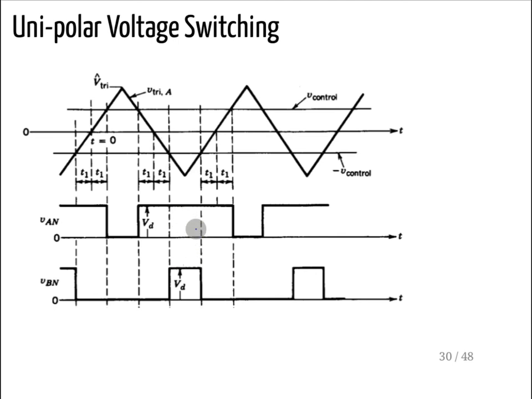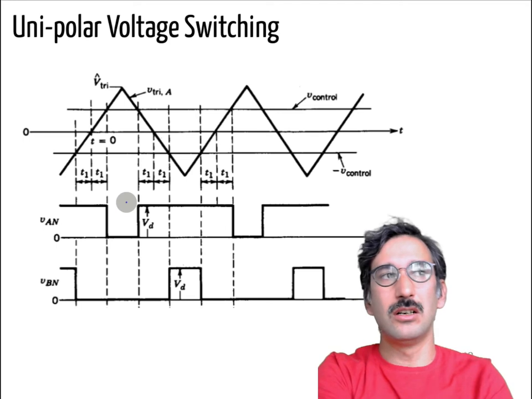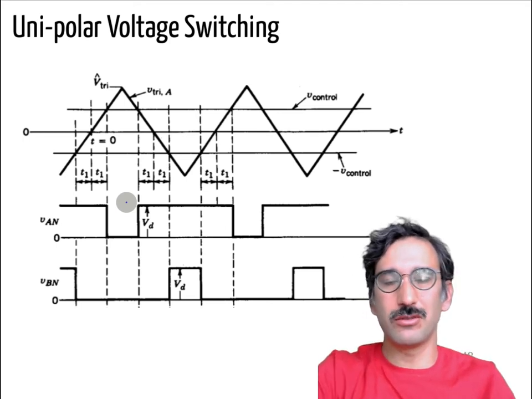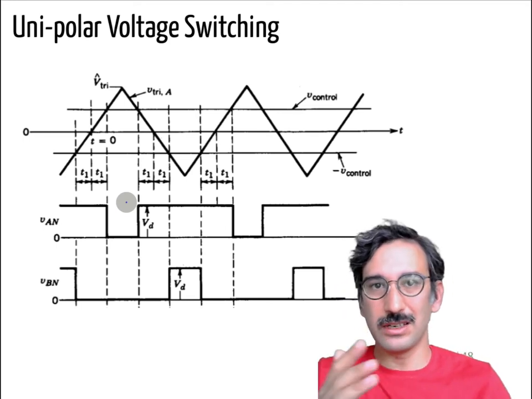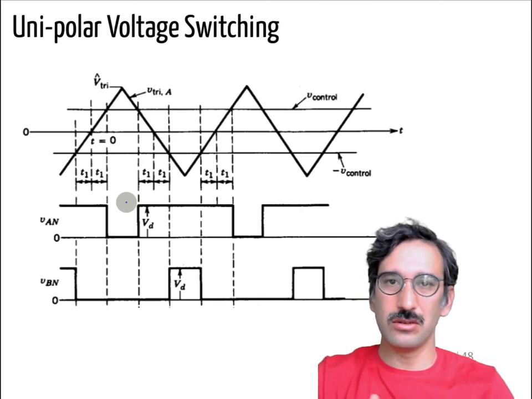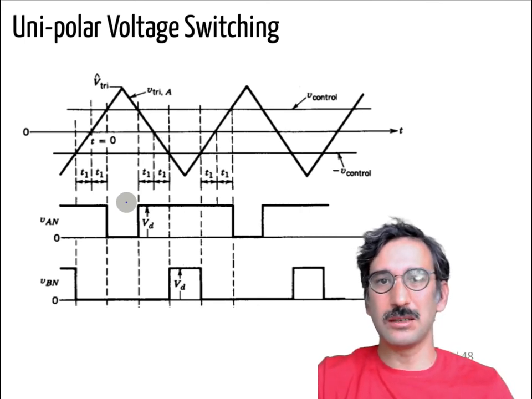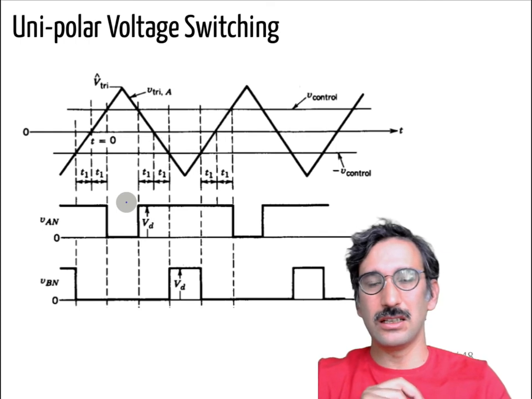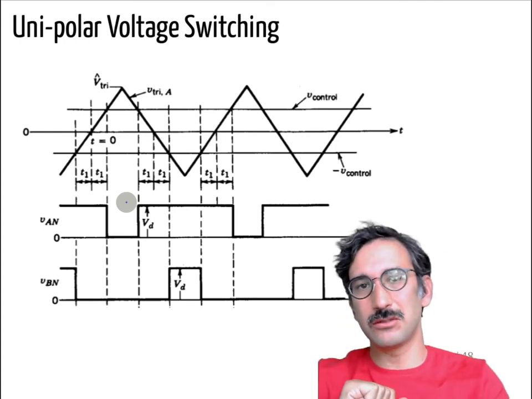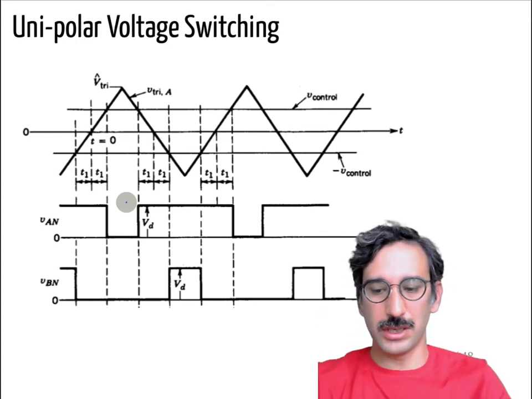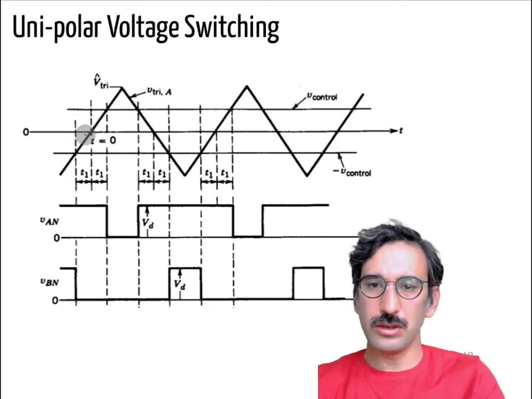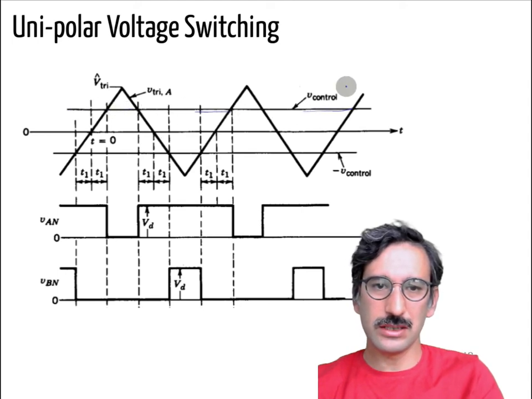So let's have a look at how we can, again, if you are programming some microcontroller, of course, you can write some if-else loops and that kind of things. So here we are talking about how you can implement it using really analog, low-level electronics like op-amps and converters. Okay, so here we have the same idea, but instead of using just one reference signal, I have one reference signal.